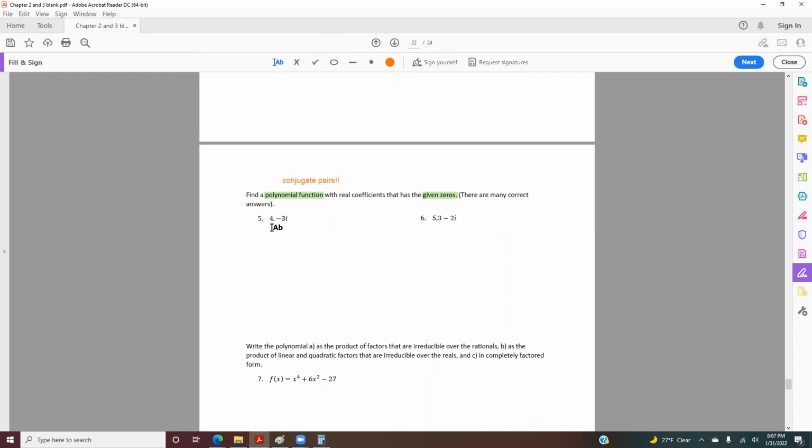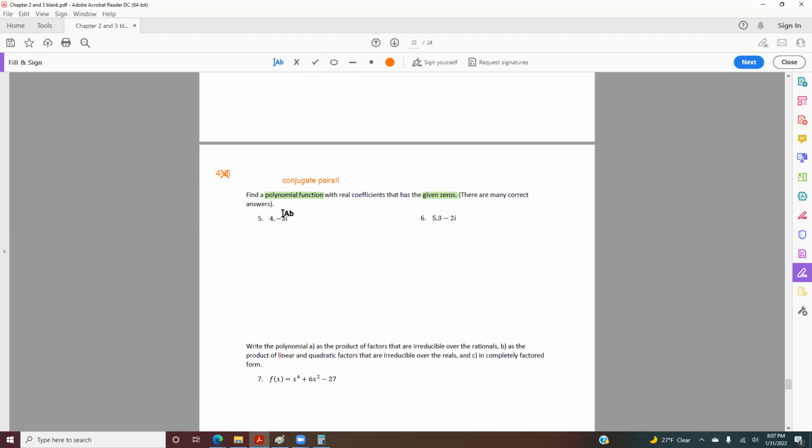Do not forget, how many zeros does this have? This has 2 zeros. One is 4 and one is -3i. So this is not 4 minus 3i. This is one of the things that I see a lot of students make mistakes on in my tests: they thought this is 4 minus 3i. This is not 4 minus 3i. This is 4 and -3i.